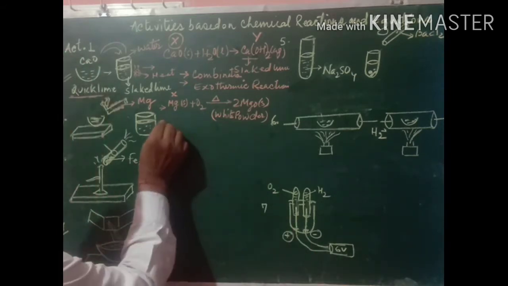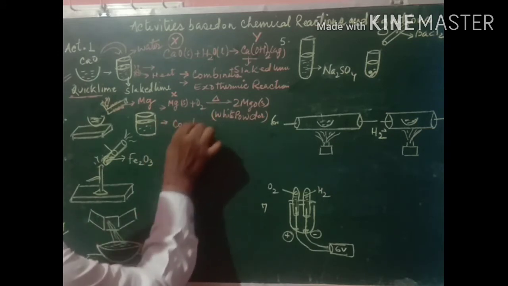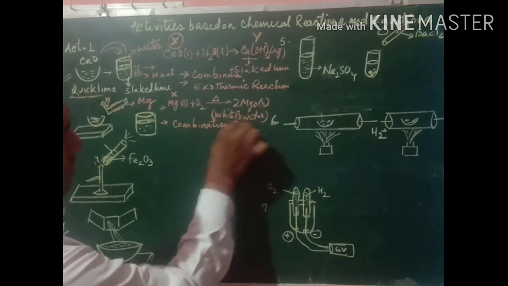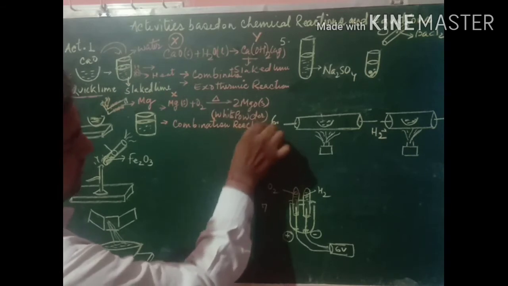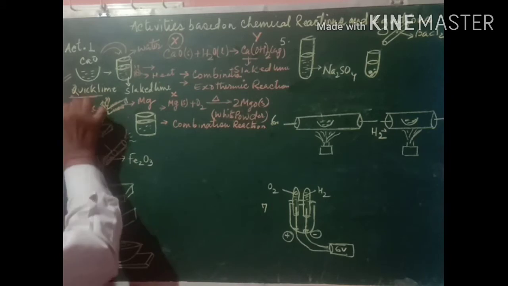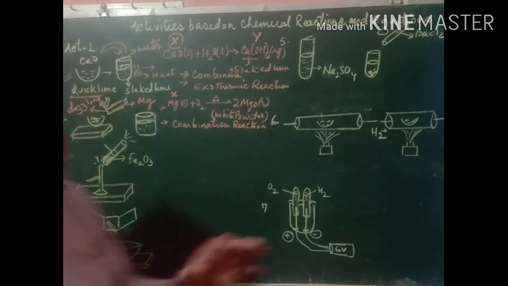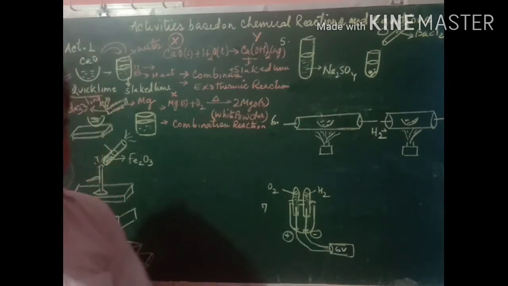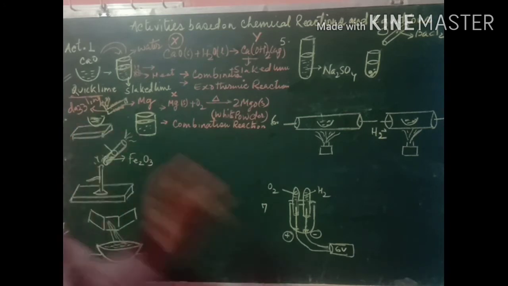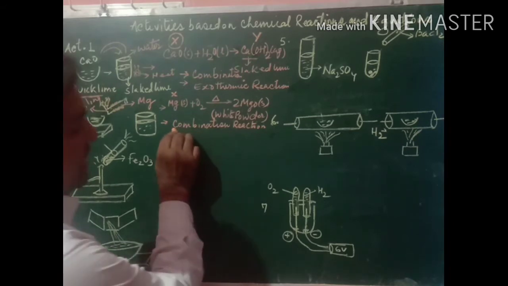This is also a combination reaction, and when it burns, it burns with dazzling light. In many crackers, which we call anardana, the powder of magnesium is used during the Diwali night. Okay students, so this is also a combination reaction.